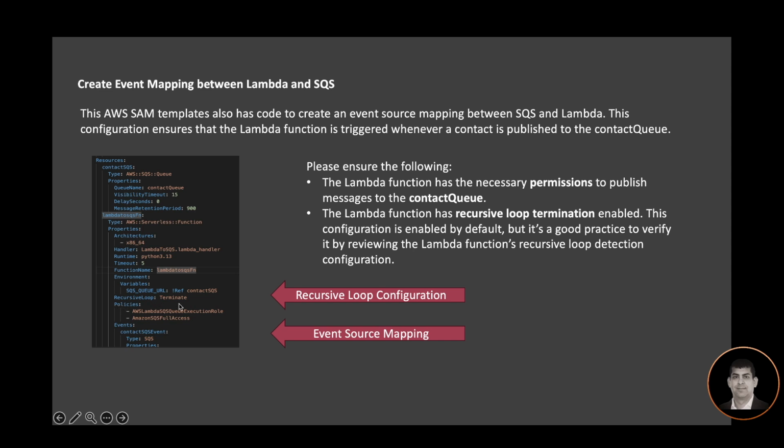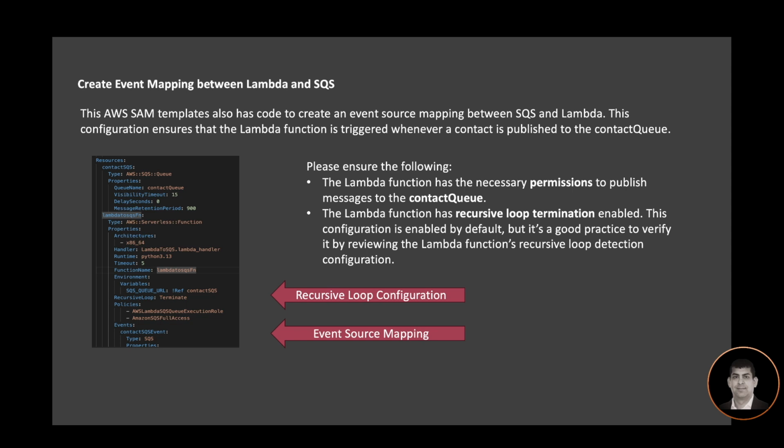That means that if it detects the recursive loop scenario, then the Lambda function will terminate that loop, right? And then we also have the event source mapping. So here we're saying that the event source mapping is the SQS. So basically what that means is that this Lambda function has the event source mapping with the SQS queue.